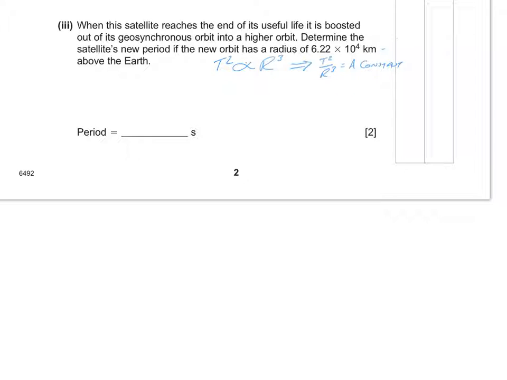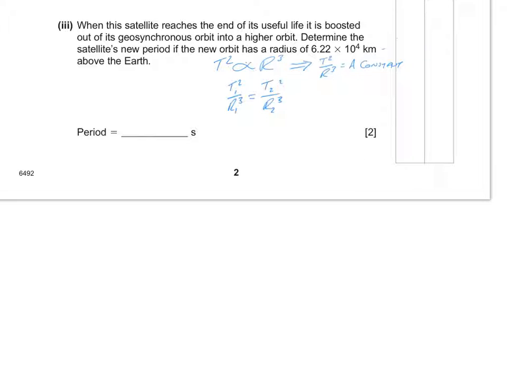So basically what we can do is introduce this third radius to an equation where T squared over r cubed for the first conditions equals T squared over r cubed for the second set of conditions. So if T squared over r cubed is a constant, then T1 squared over r1 cubed will equal T2 squared over r2 cubed.